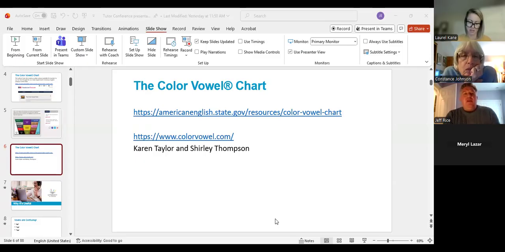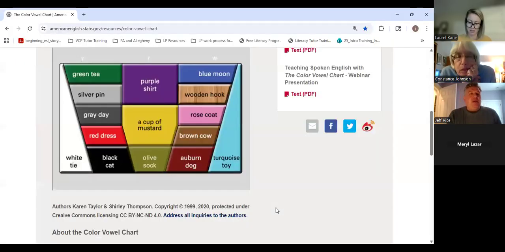For the chart, each one consists of a rhyming word pair that emphasizes a particular vowel sound. And for this version, you can actually click on it: red dress, and hear the sound, right?